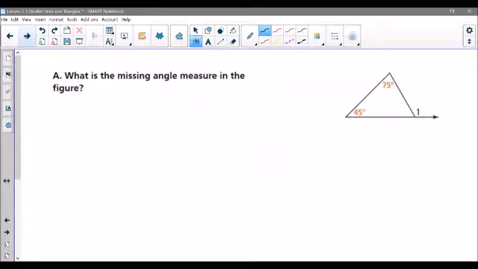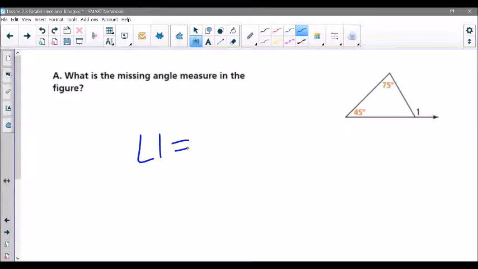So, looking at this one, find the missing angle measure in the proof. All right, so maybe we didn't know that exterior angle theorem. What we would have to do is figure out angle X first, and then just do 180 degrees minus angle X. But now that we have the exterior angle theorem, all we have to do is add those two numbers together.